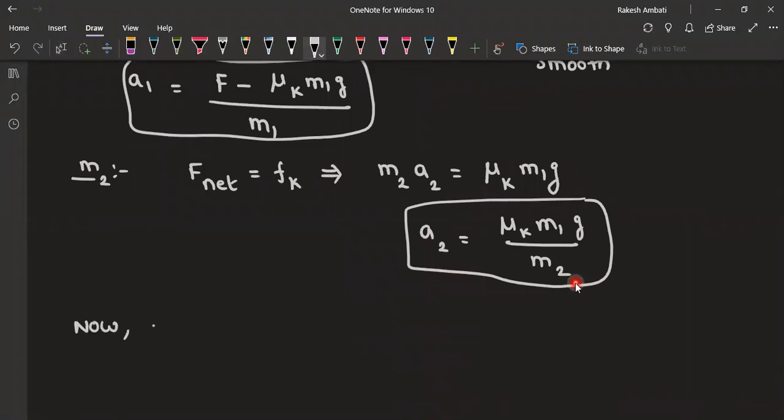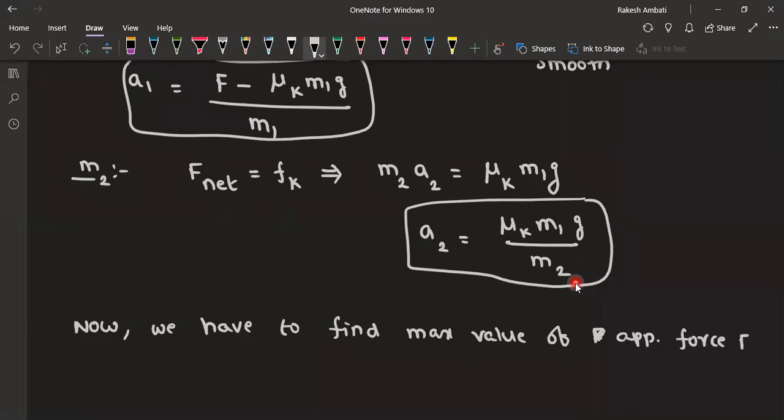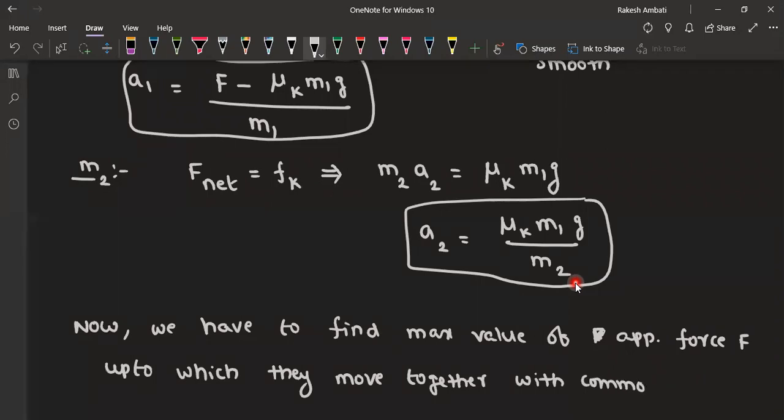Now we have to find the maximum value of applied force F up to which they move together with common acceleration.